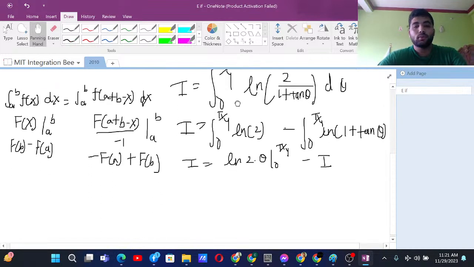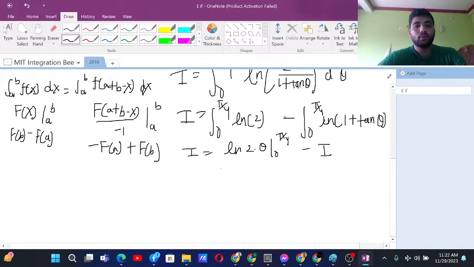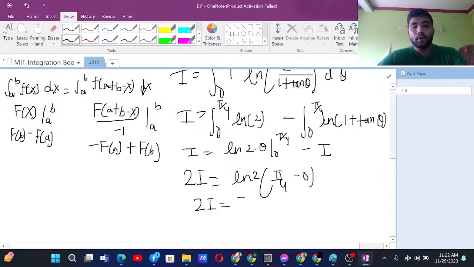And so we have 2I equals ln 2 times (pi by 4 minus 0). So 2I equals pi by 4 ln 2, and that's why I equals pi by 8 ln 2. So that's the answer.